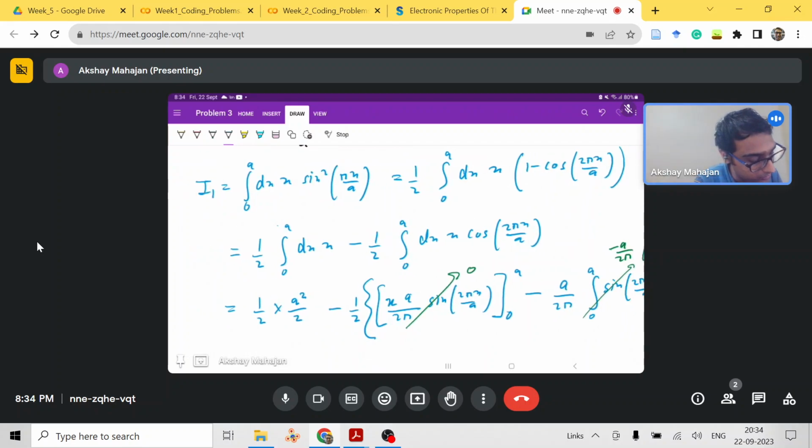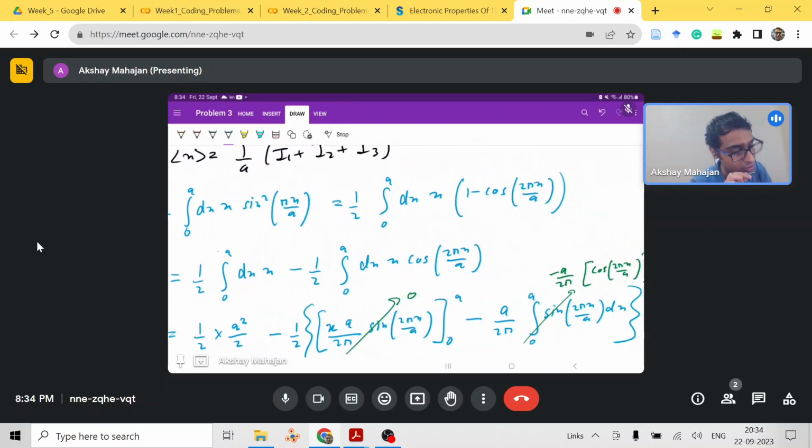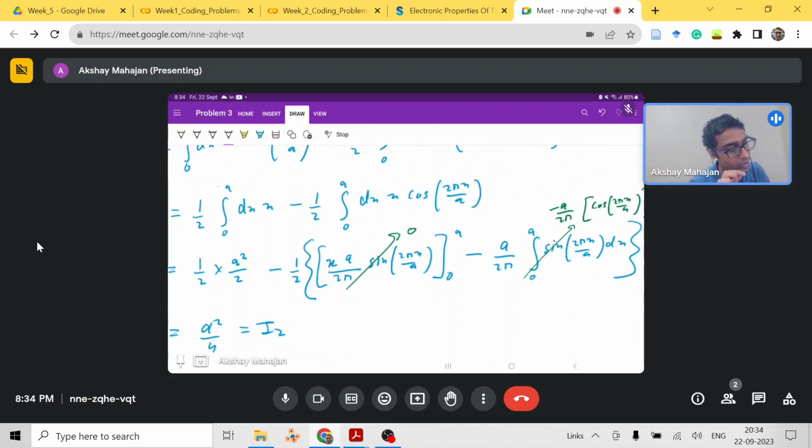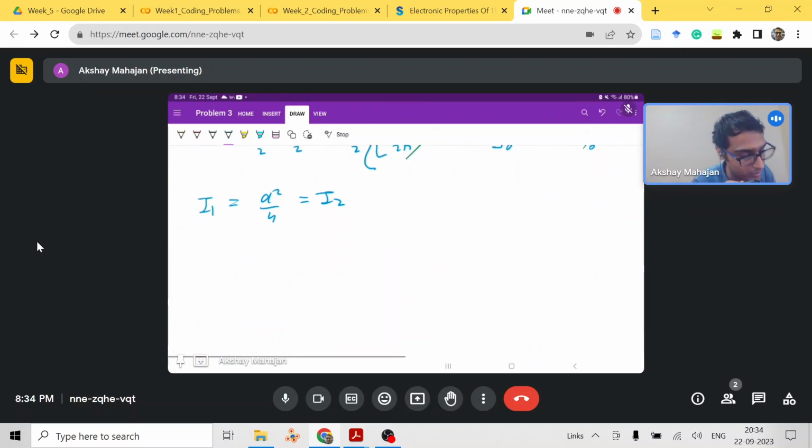For I2 also, there will be sine square 2 pi x by a, so there will be just 2 more here. There will be 4 pi x by a, where you had cos 2 pi x by a. Everywhere we will have cos 4 pi x by a, but we know that this integral will just go to 0. Either it is 2 or 4, it is an even value, that will also give you 0. So you can check that I2 will also come as a square by 4.